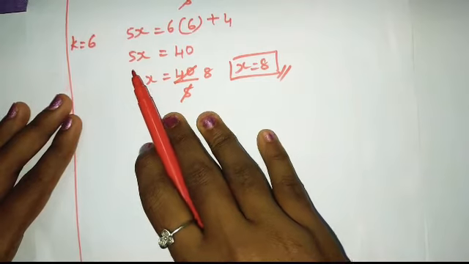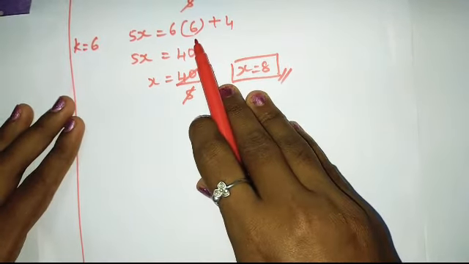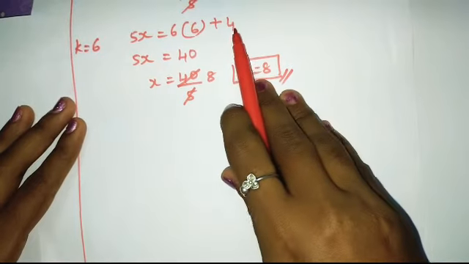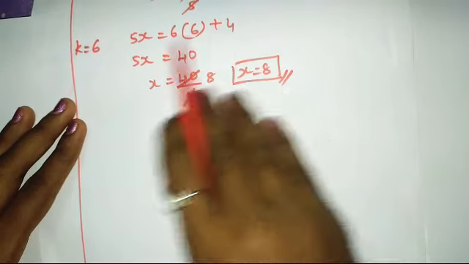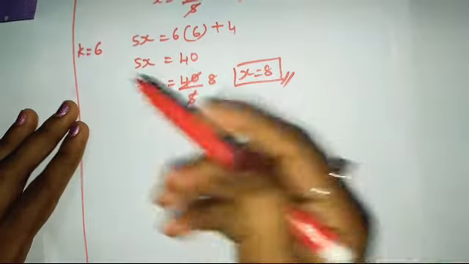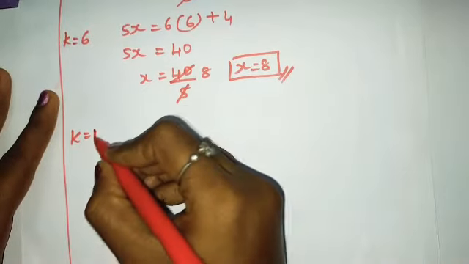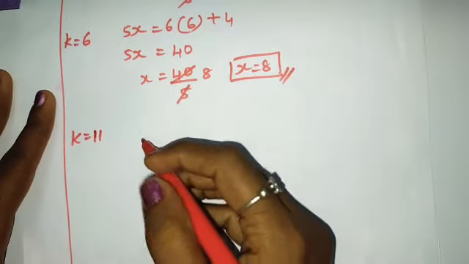So what we'll do, we'll take 11. If I take 11, 6 into 11 is 66, 66 plus 4 is 70. So 70 can be divided by 5. It's 14, correct? So now you take the k value as 11.